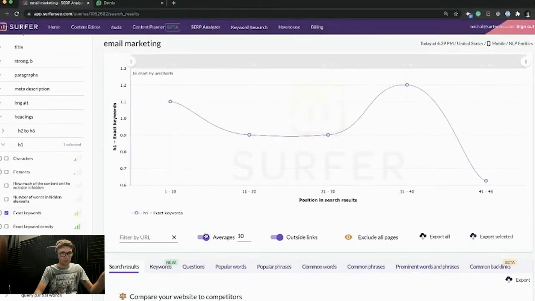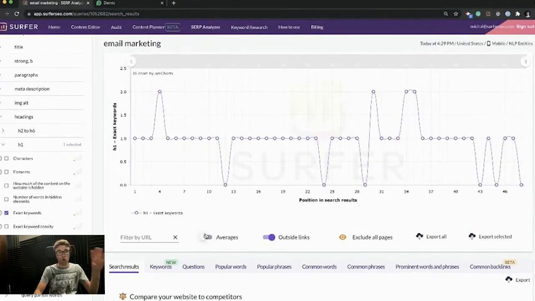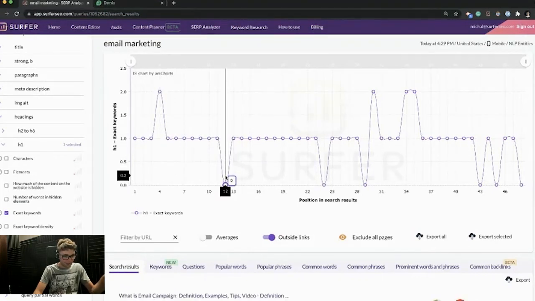We will see that everyone or almost everyone has an exact match in the title. OptiMonster has it even twice in the title. But SendPulse, they don't have email marketing in the title.